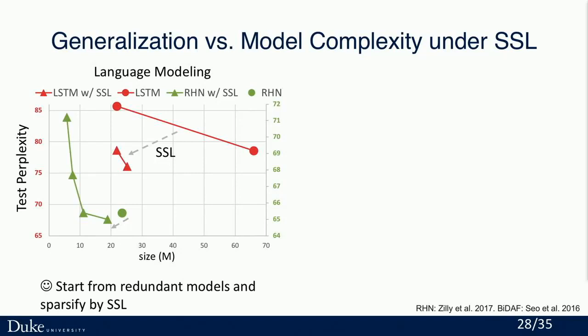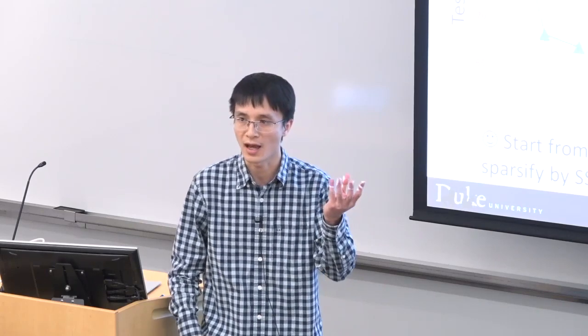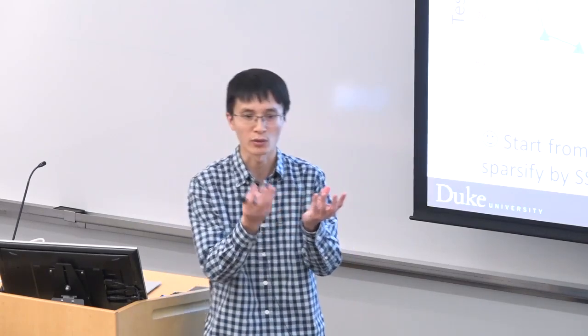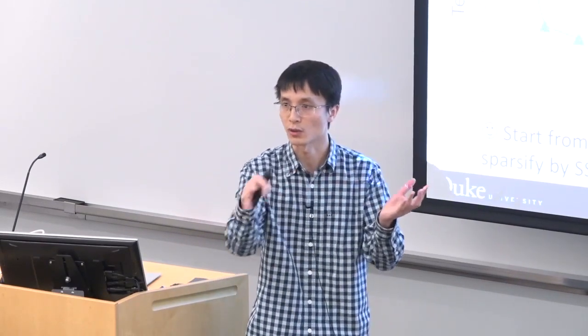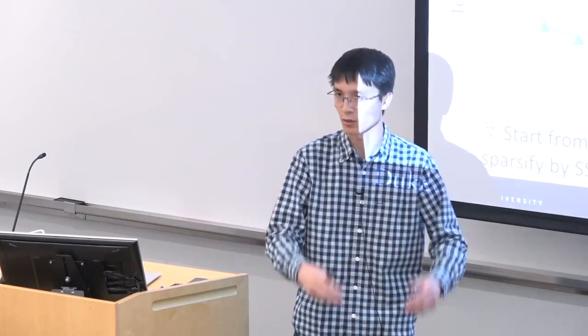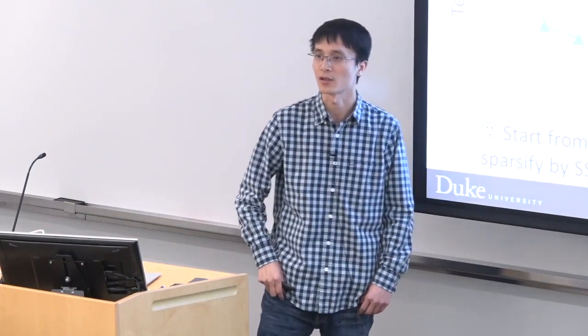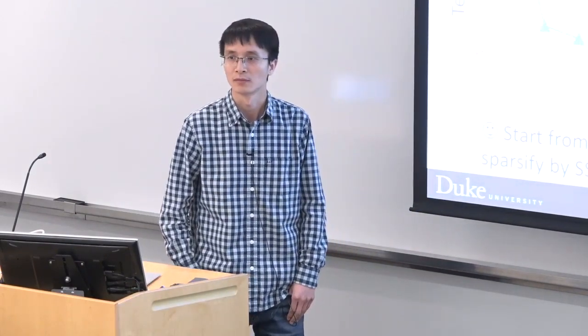So here's a more detailed evaluation study. By tuning a hyperparameter? I think the one single hyperparameter we changed is the dropout ratio, because we had additional regularization from the sparse regularization, so we don't need that much regularization from dropout. That's the only one. So you change the hyperparameter and you can get better perplexity?